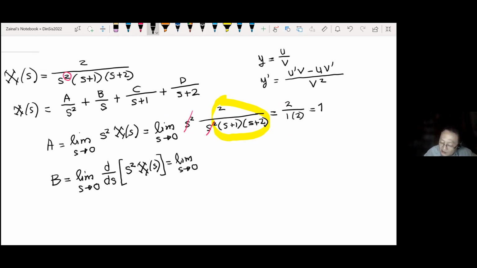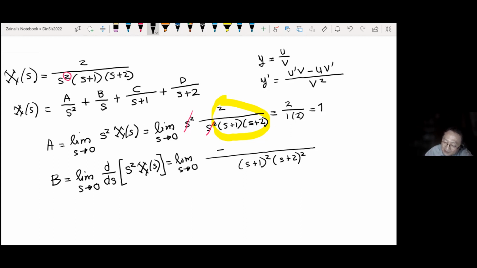Okay, so if you derive, this one becomes something like this. The denominator is (S plus 1) squared (S plus 2) squared, which is basically (S squared plus 3S plus 2) squared. So u dash of 2 is 0, multiplied by v is 0.